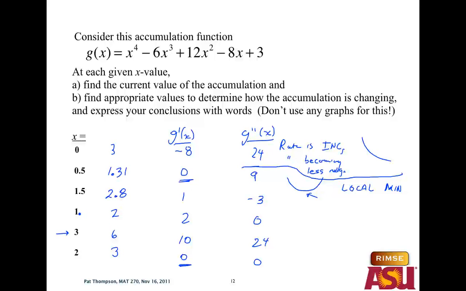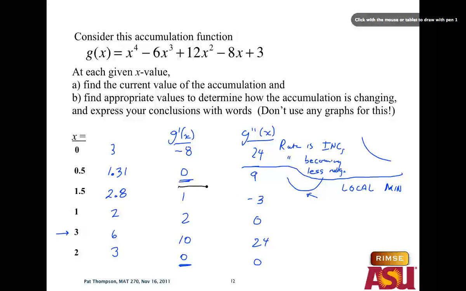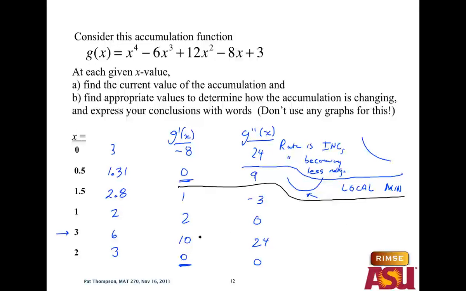Okay, let's look at 1. What's happening at 1? Tell me what the 2 means. Connor, what does the 2 mean for x equals 1? The y value is changing 2 times as fast as the x value.